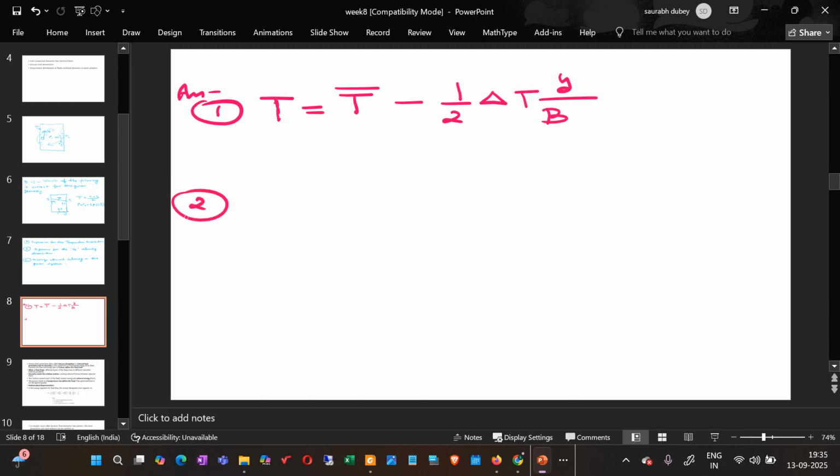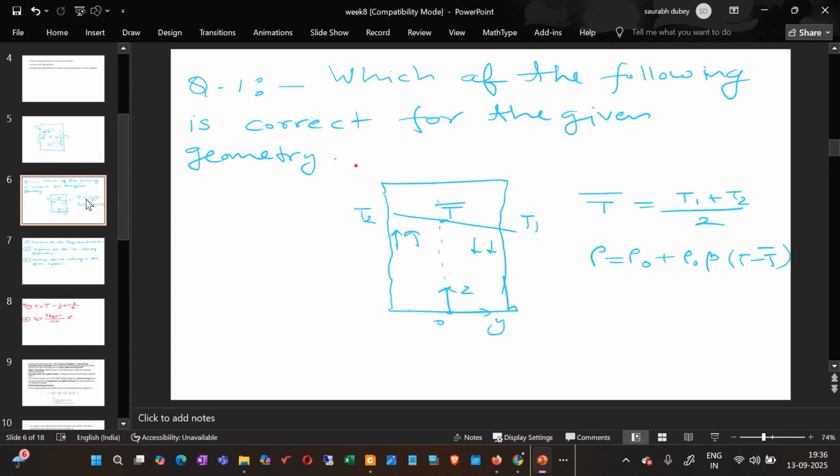Then second is what? The velocity profile that you will be getting, after incorporation of everything, is Vz equals rho bar beta g delta T divided by 12 mu, right, times B square, where this is B and this distance is 2B.